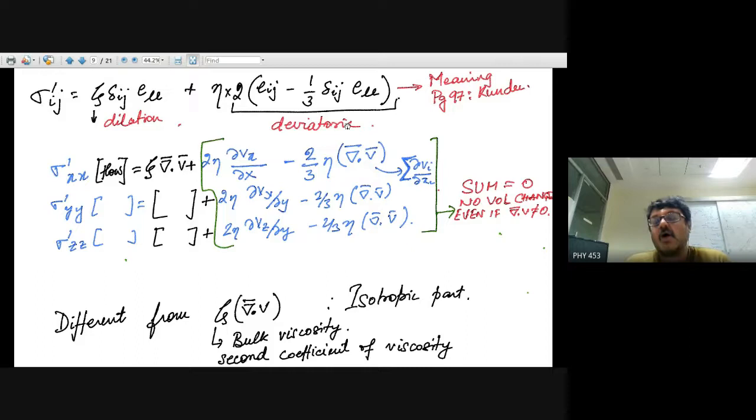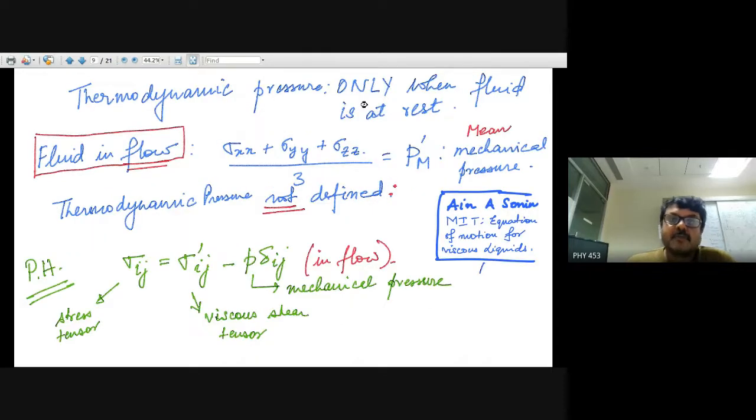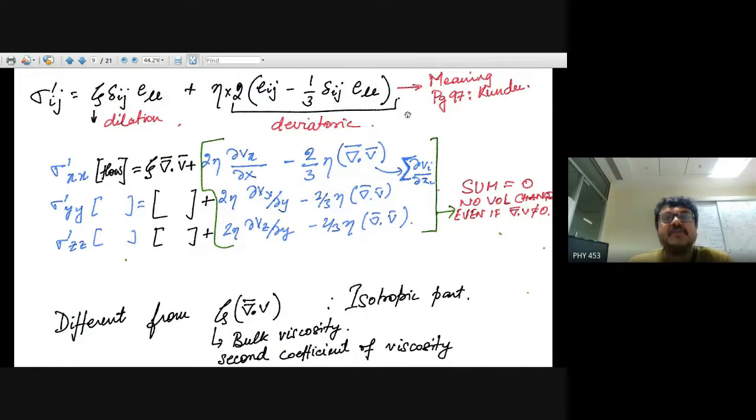Most people, when writing down the Navier Stokes equation, the equations for fluid flow, are concerned with this part, the deviatoric part, velocity gradients which do not lead to any change in the volume of the fluid. They're concerned typically with this part, and in rare cases with this part, and that can be written as the shear viscosity times 2 times eij minus 1/3 delta ij.